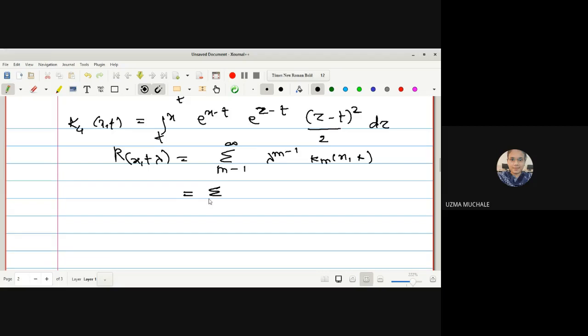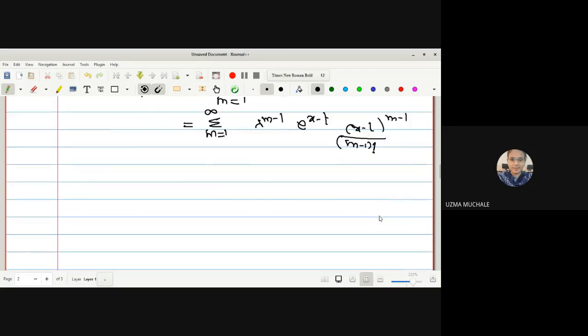So we have to run this summation, m runs from 1 to infinity, lambda raised to m minus 1 Km of x,t. What is the formula for Km of x,t? e raised to x minus t, (x minus t) raised to m minus 1 divided by (m minus 1) factorial.